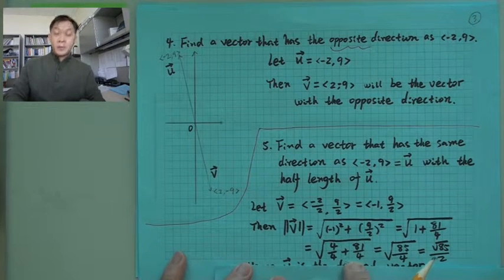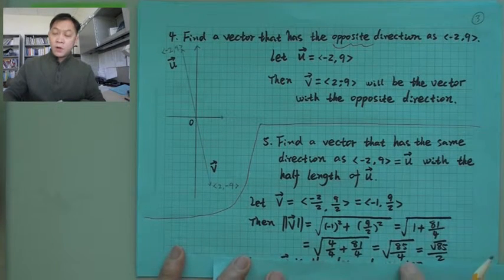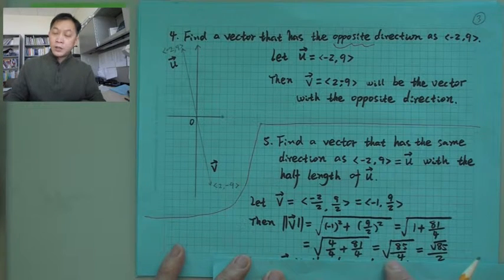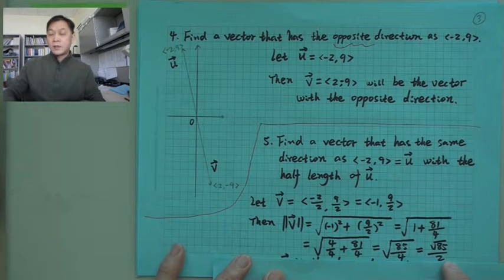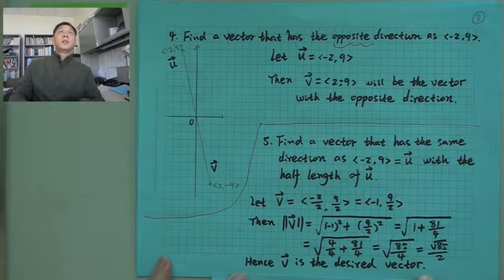Downstairs is 4, so we keep it. The square root of 85 over 4 is radical 85 over 2, which is the half length. So v is the desired vector.